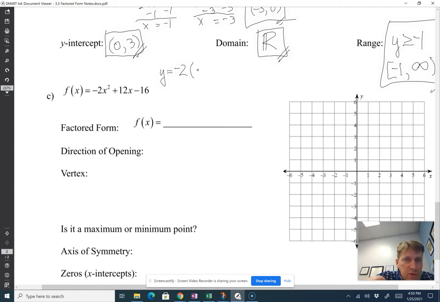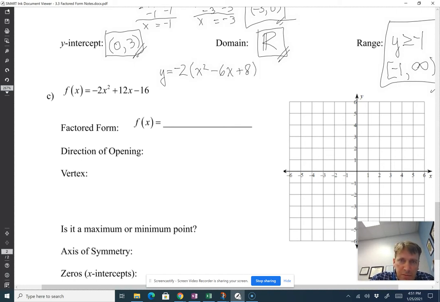So -2 times x squared would give us -2x squared. The 12x becomes negative, so this is negative 6x. Negative 2 times negative 6x becomes positive 12x. So I'm just sort of working backwards along the way. And then negative 16, that would be plus 8.